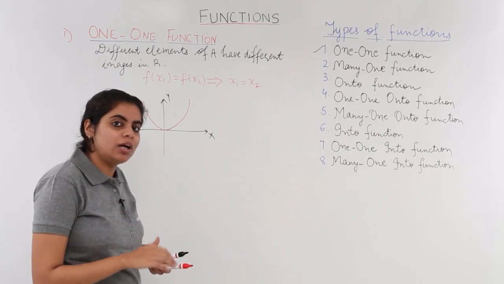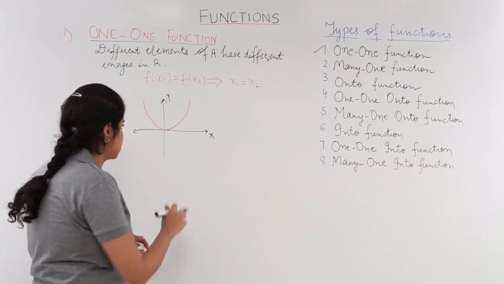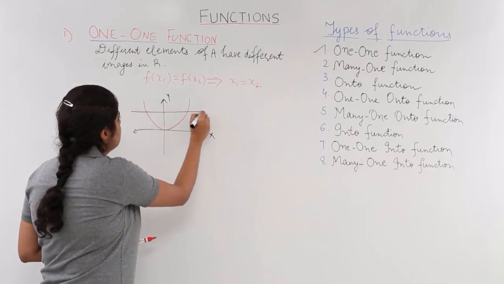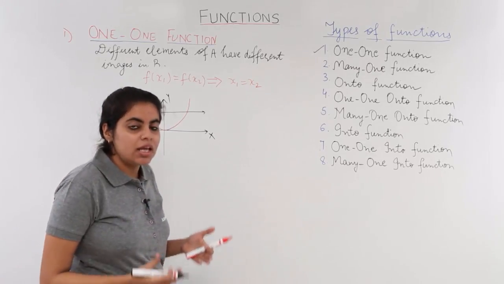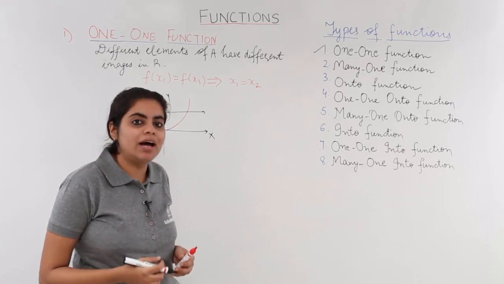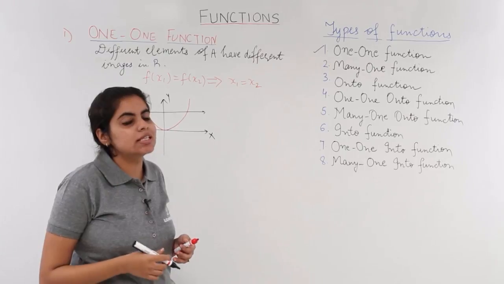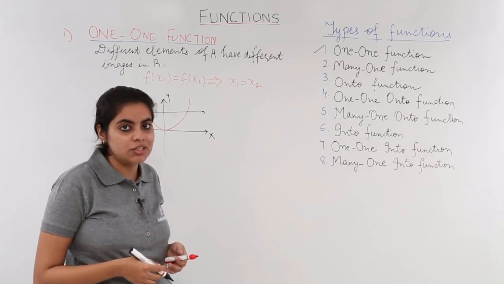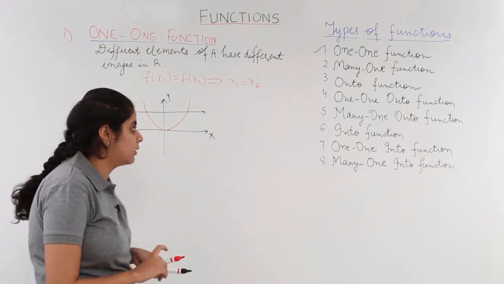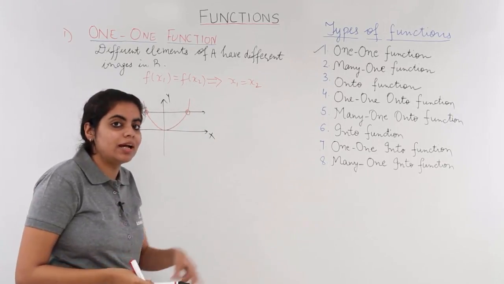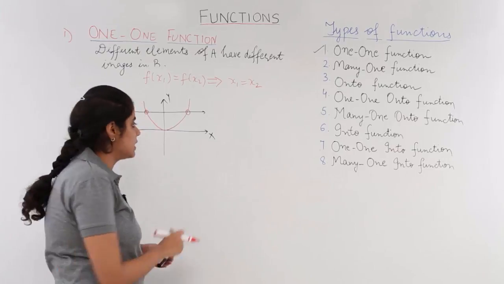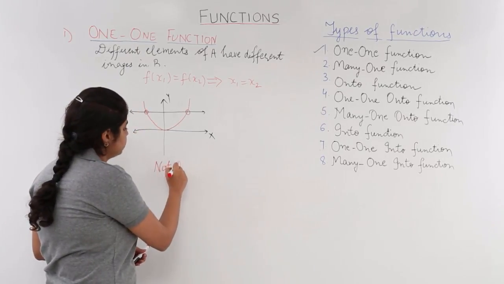Actually, we have to draw a line parallel to the x-axis. So I draw a line parallel to the x-axis, and in a graph, if a line drawn parallel to the x-axis intersects at more than one point, then it is not one-one. You see that the line intersects the graph at more than one point, that is 2 points. So this is not a one-one function.